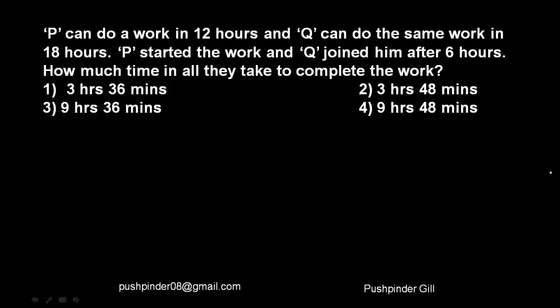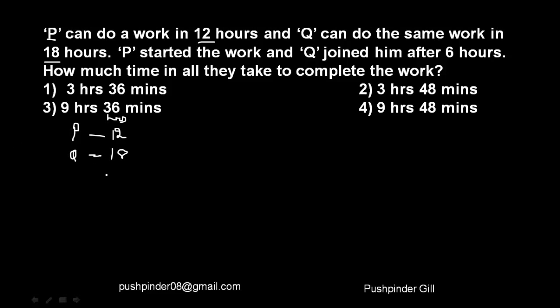Now first of all, let's lay down the question. P can do a job in 12 hours, right? So let's say P is able to do the job in 12 hours. Q can do the same job in 18 hours. So Q over here is able to finish the same job in 18 hours.